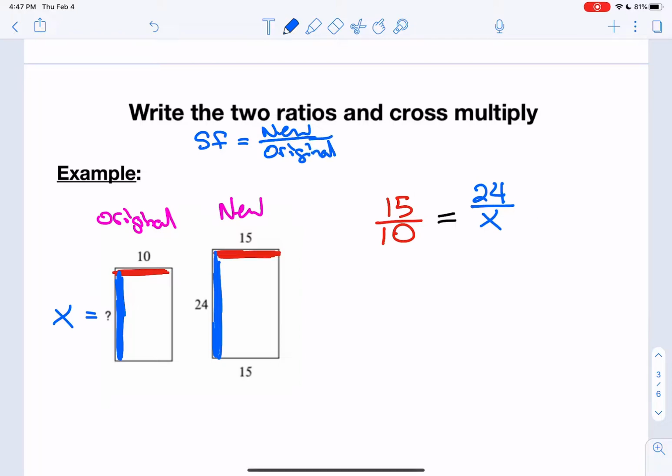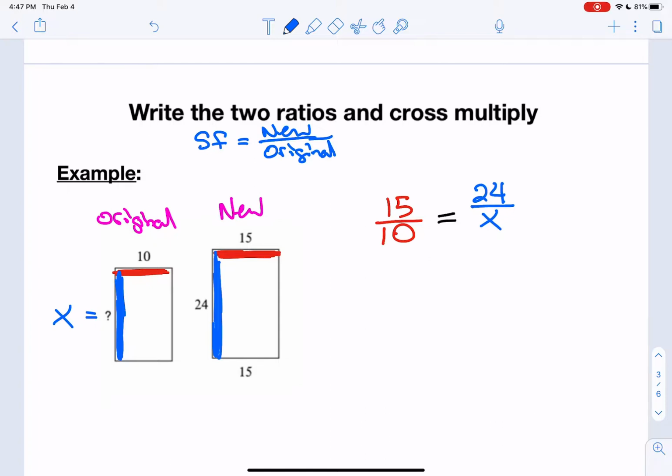Okay, so now I have my two ratios set up. Now remember, the scale factor has to work for all the sides and be the same number. So whatever times 10 that equals 15 has to be the same number times x. So that's why these two ratios are the same, because when you divide the new by the original, it equals the scale factor.